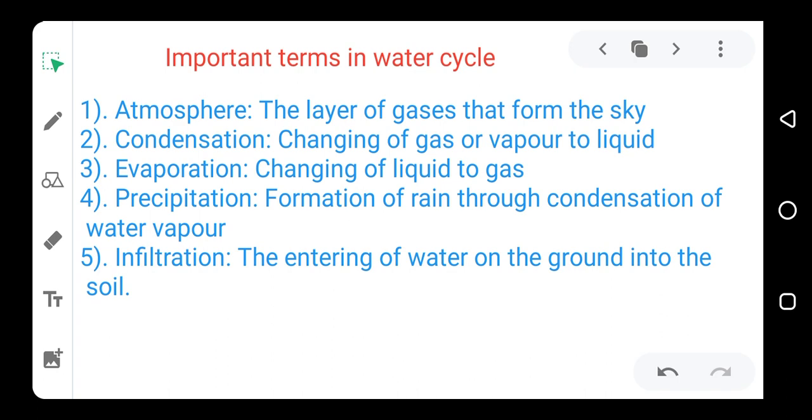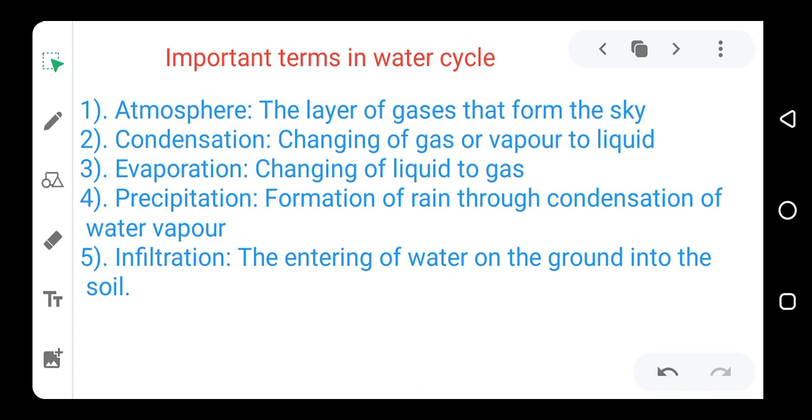It is a collection of different gases that covers the earth or up above the earth. We call it the atmosphere. That is where the water will gather.